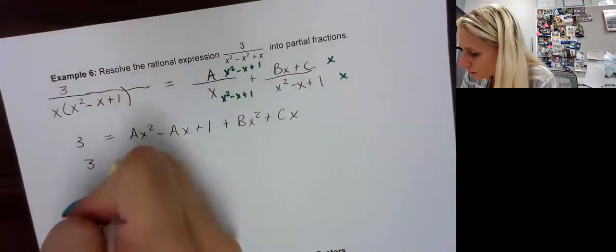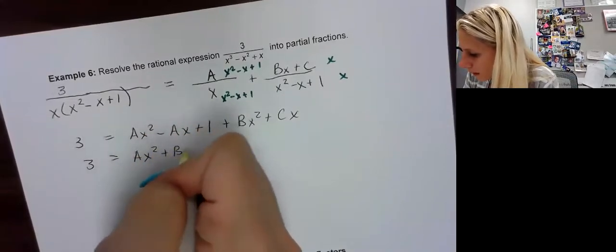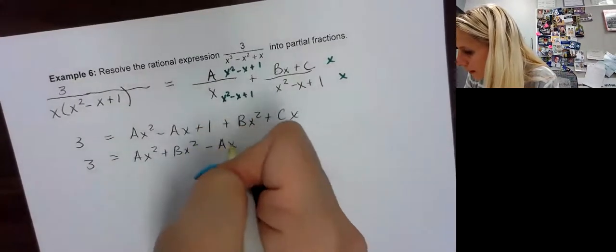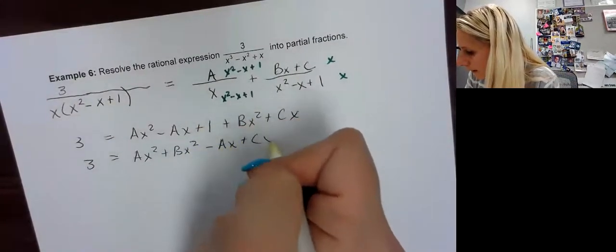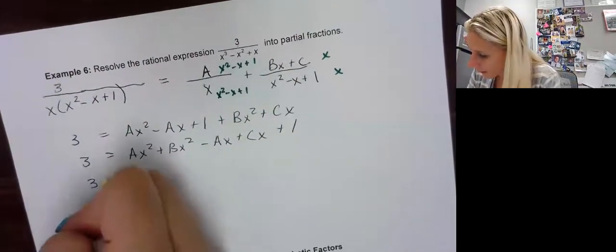Combine or put those like terms together. So ax squared plus bx squared minus ax plus cx plus 1. Factor out.